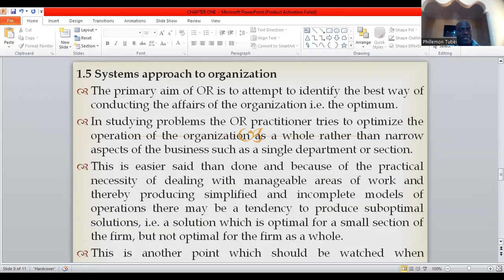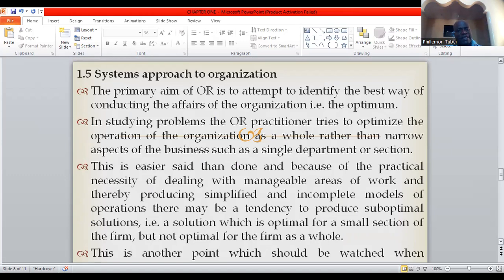Yes. Now, next, let us move to the systems approach to organization. So we are simply saying that the primary aim of operation research is to attempt to identify the best way of conducting the affairs of the organization, i.e. the optimum.